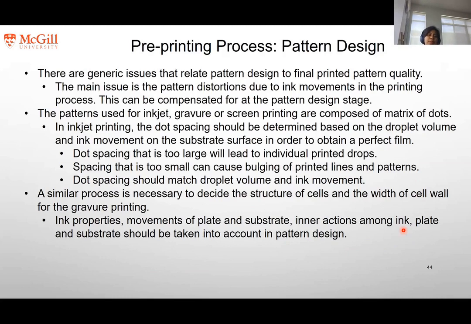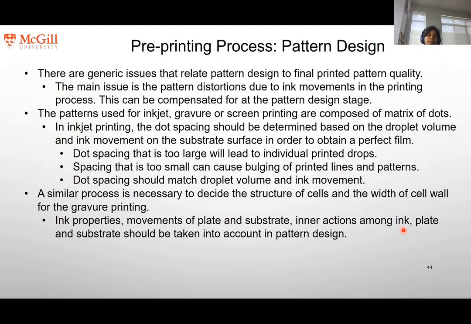Once we choose the right printing process for us, we have to do some processing, which we call pre-printing process. It really matters because if we don't do the pattern design properly, we cannot get a final nice printing pattern.